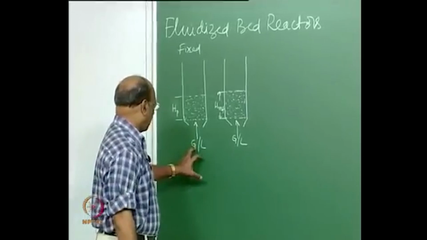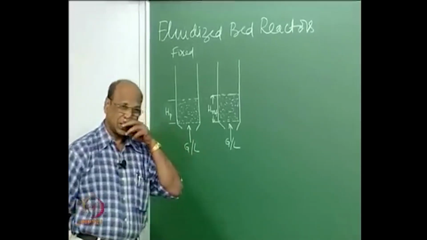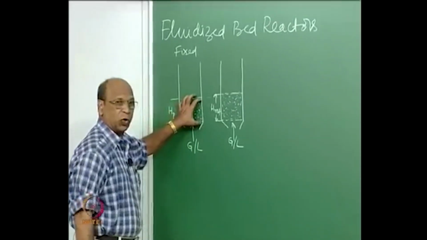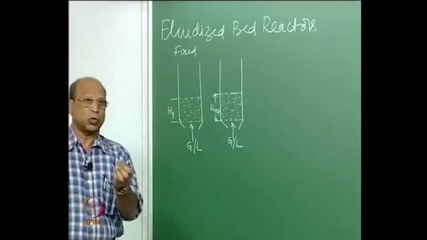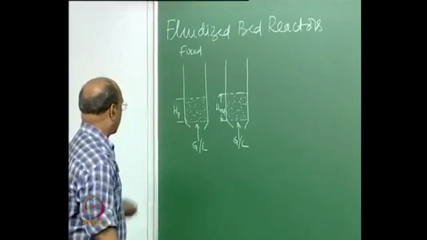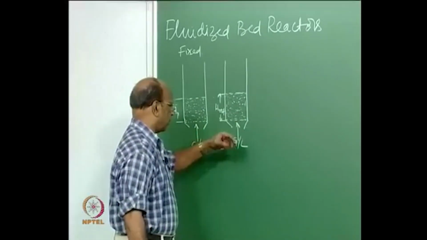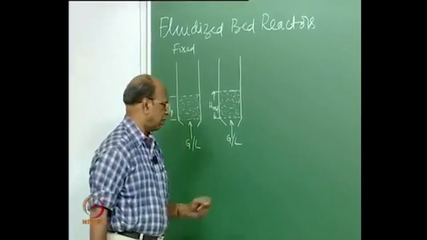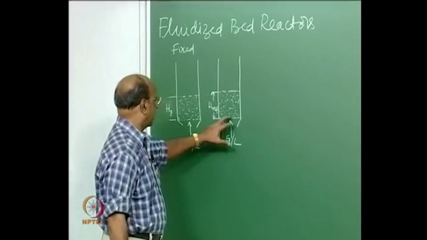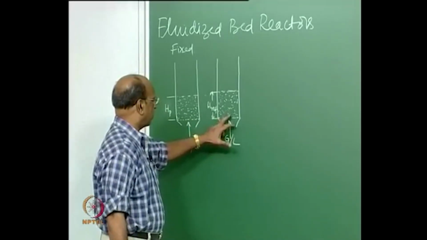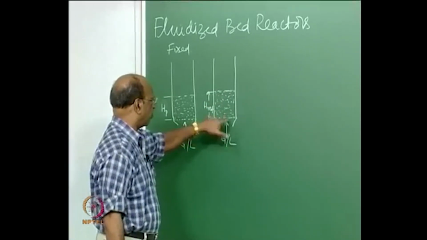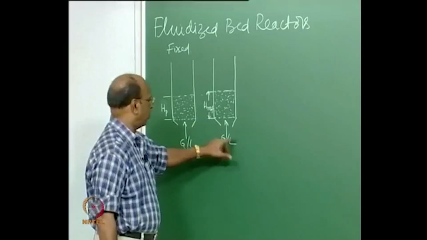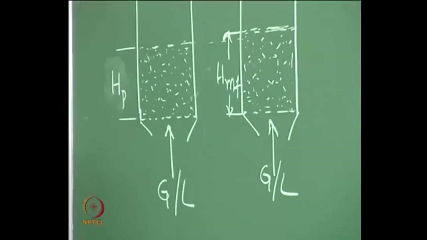So, as I told you, when you slowly increase either gas or liquid, nothing will happen at very low fluid velocities, only the gas or liquid try to percolate through the pores, and then when you go on increasing in very small increments, at one point of time the drag force exerted by this fluid, either gas or liquid, will exactly balance the weight of the solids in the bed.